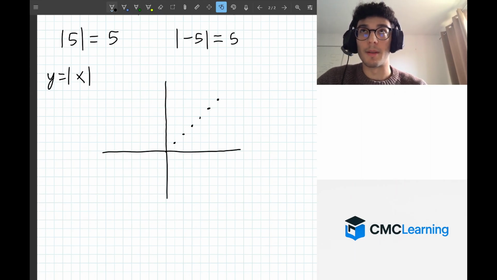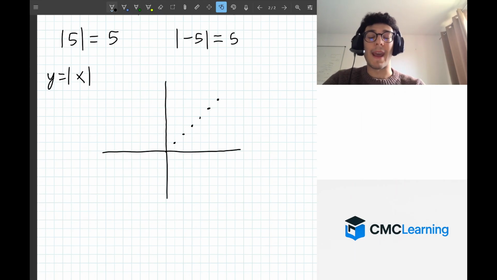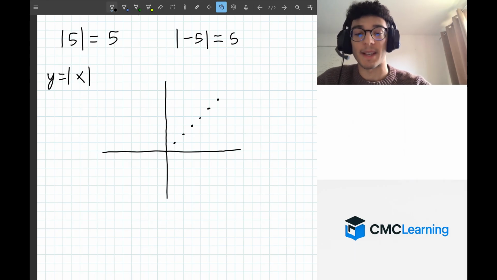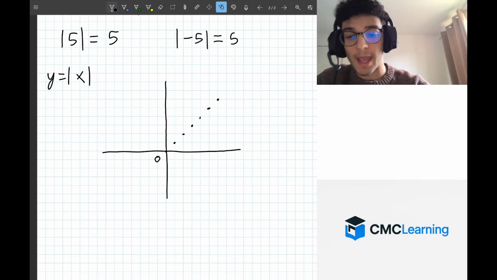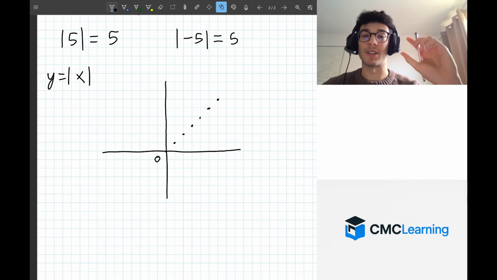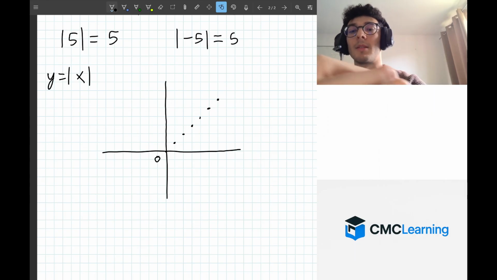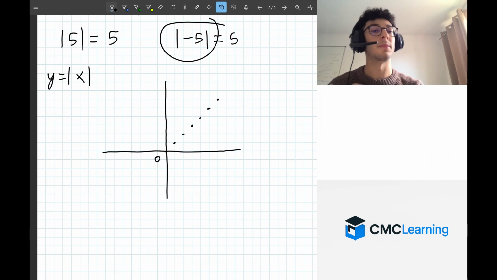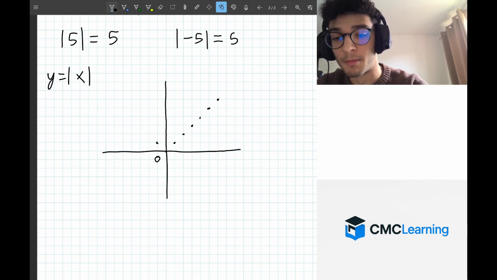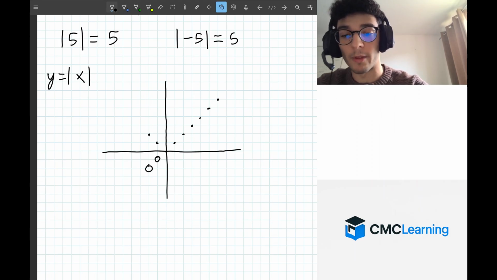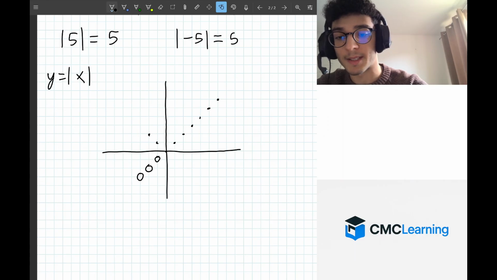But now let's have a look at some of these negative values. So if I wanted to plot -1 on the x-axis, I know my coordinate would be here, but the modulus function is just going to turn a negative value into its positive value. So instead of -1, we're going to end up getting +1, and so on and so forth. So we can do the same for all of these negative values of x, as far as we need to plot.